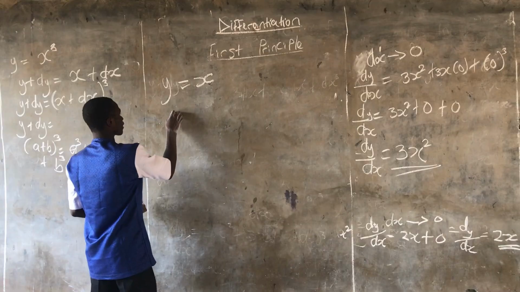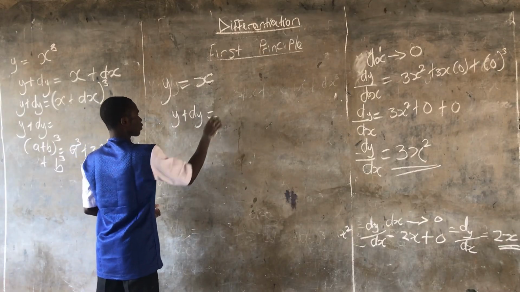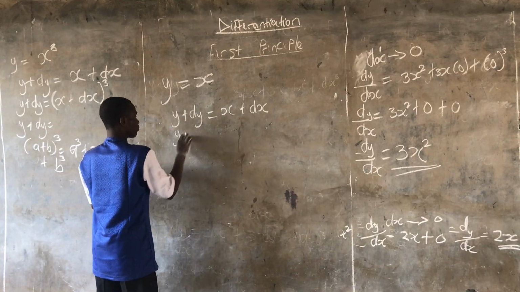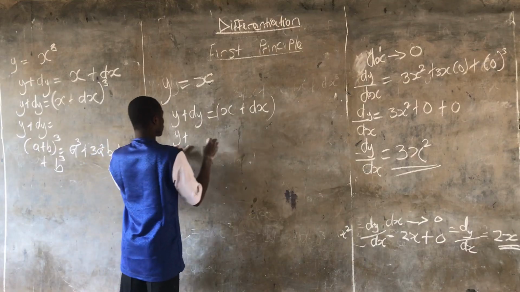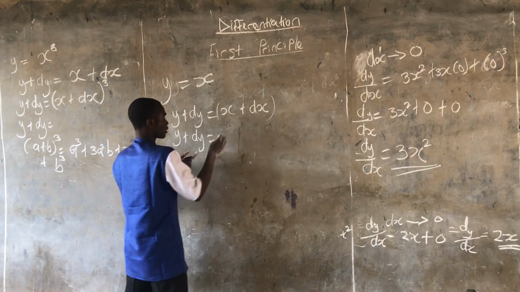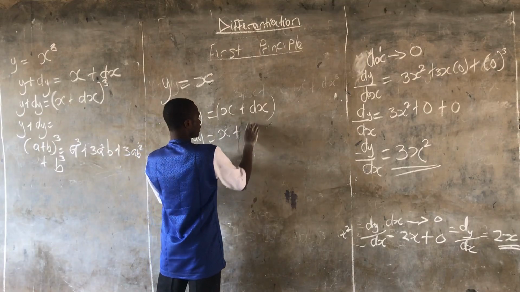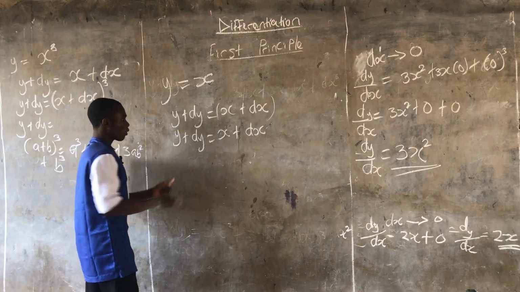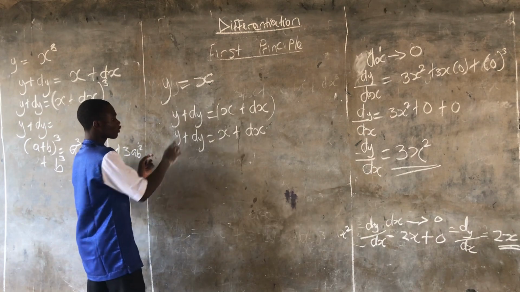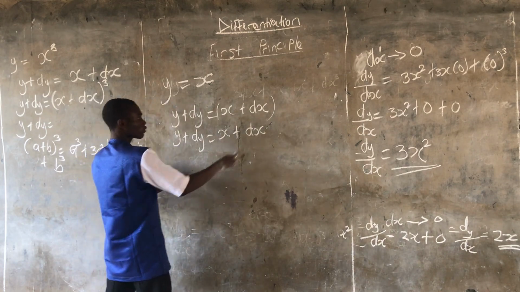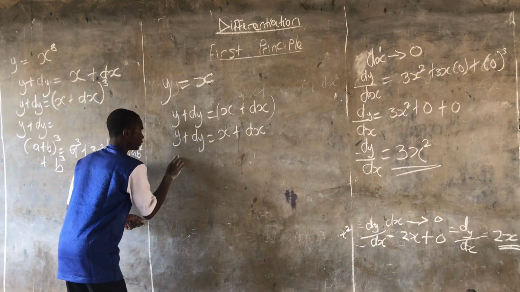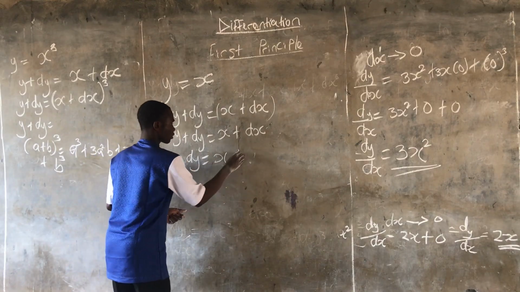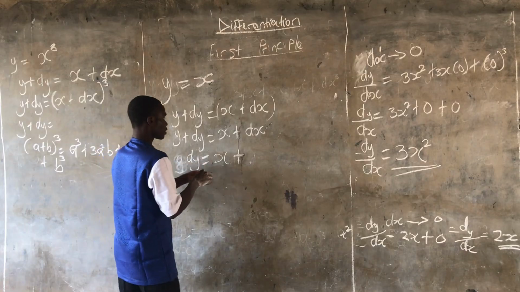Then we can say our y plus dy is equal to x plus dx. So we can say y plus dy is equal to x plus dx. In this case, we have to move y to this place. We can now say dy is equal to x plus dx minus y.